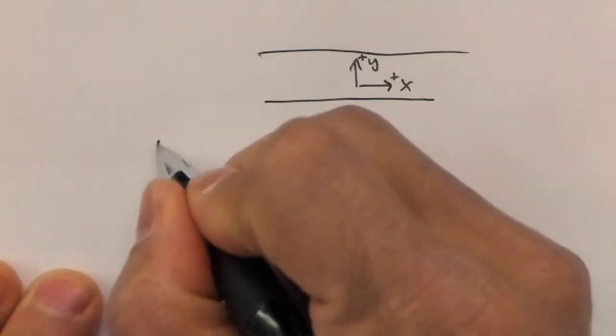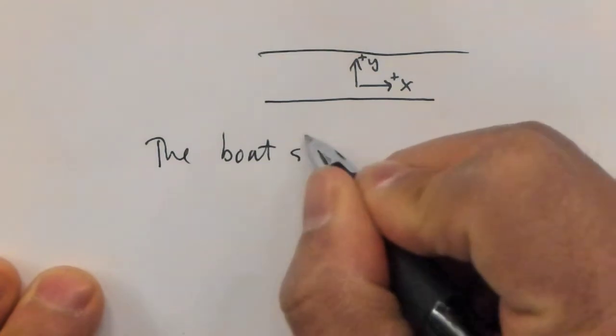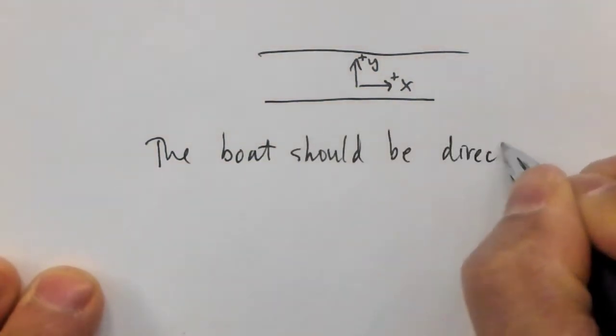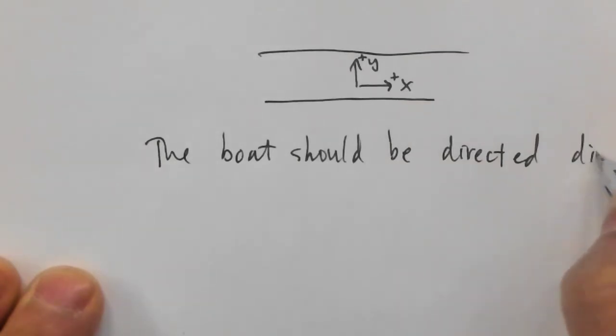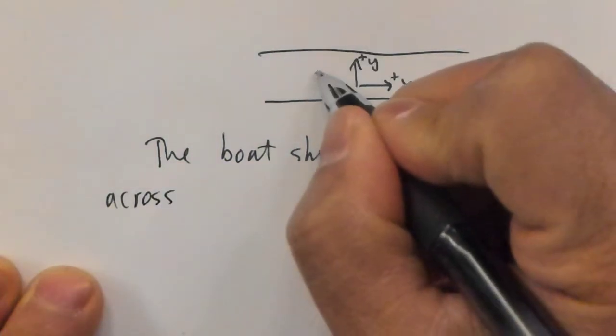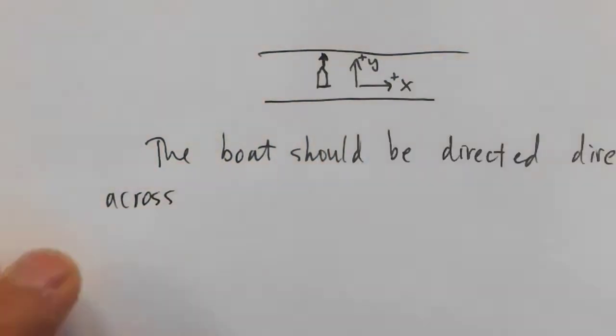So the boat should be directed directly across. In other words, the boat should point in this direction.